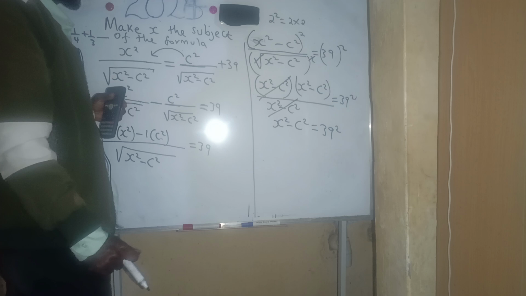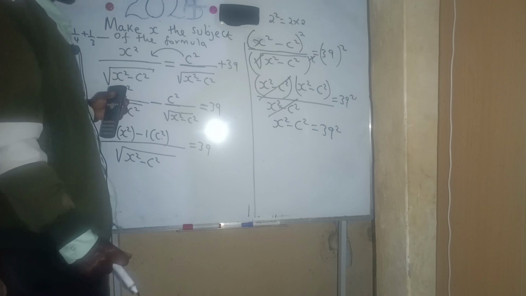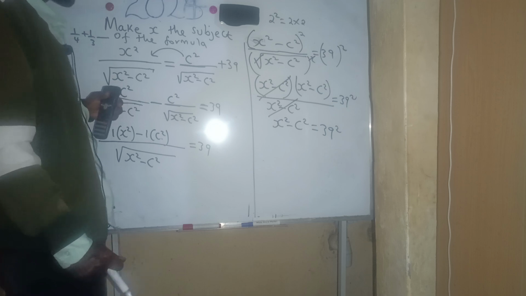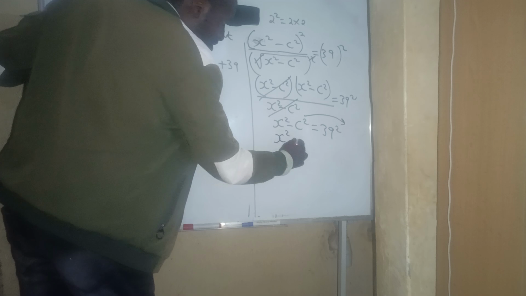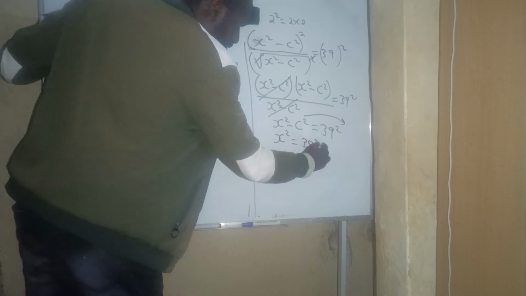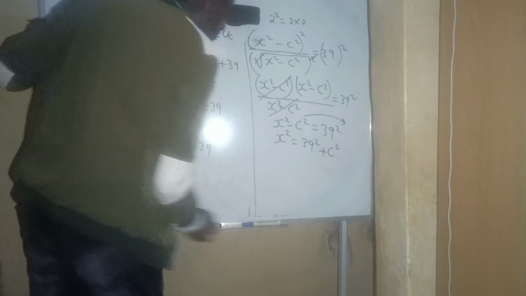So we take this c squared to the other side, and we are left with x squared equals 39 squared plus c squared.